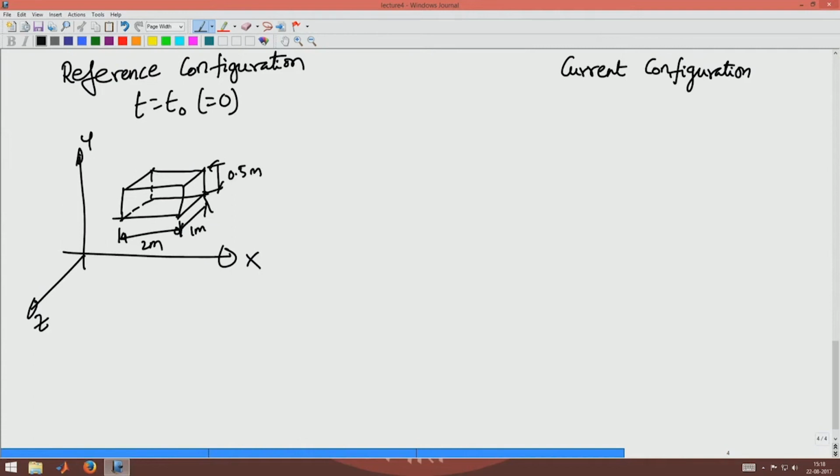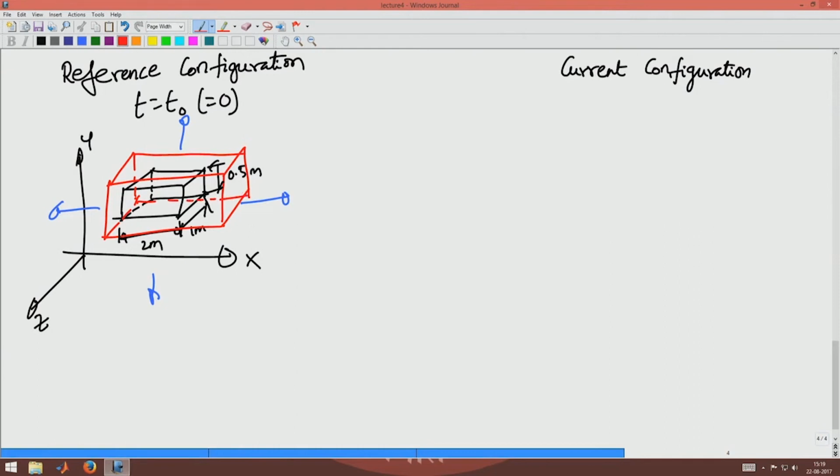Now, after I apply some load, the body would have deformed and moved to some other configuration. Say I applied load in this direction and in this direction. The body would have deformed by elongating here and in these two directions, but shortening along the other direction.